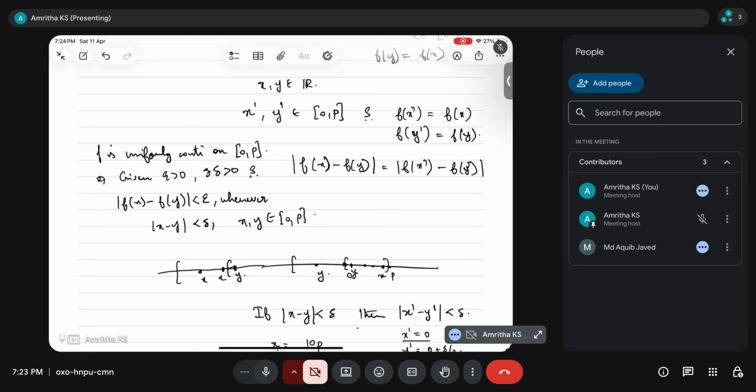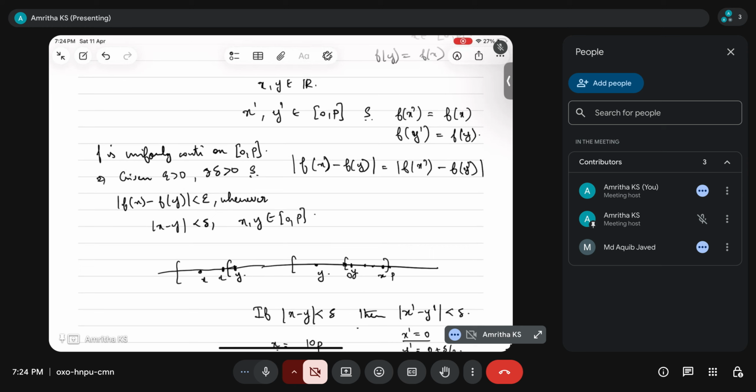Like, whenever this is not less than delta, whenever x minus y is less than delta, but x dash minus y dash may not be so.